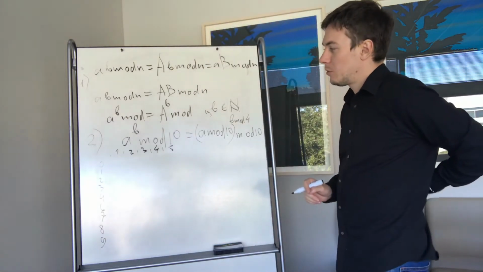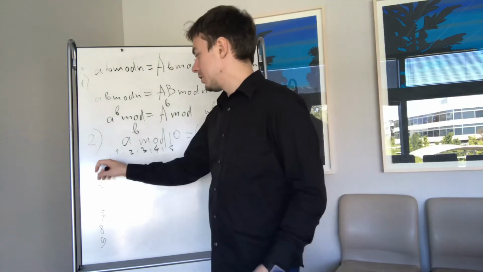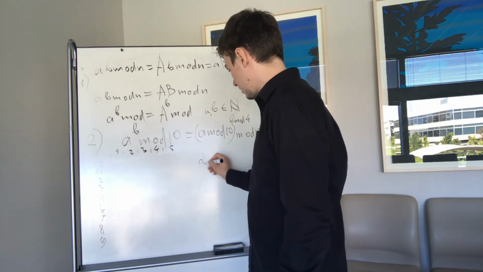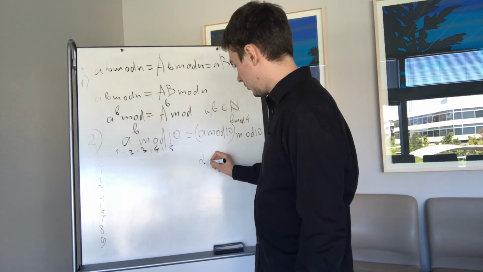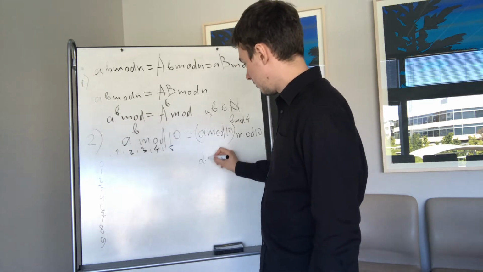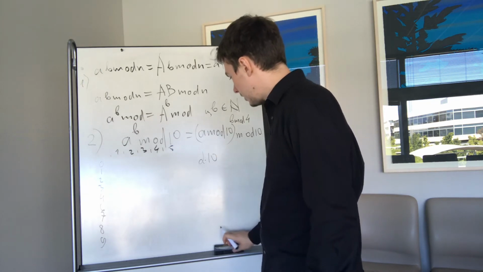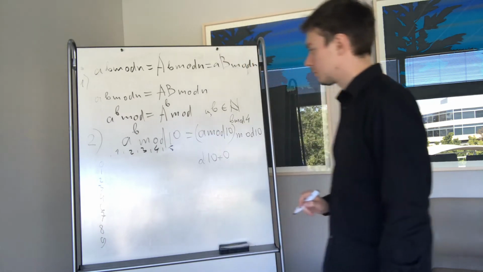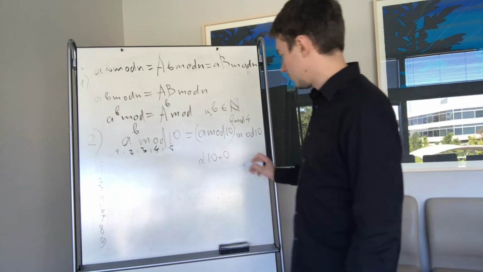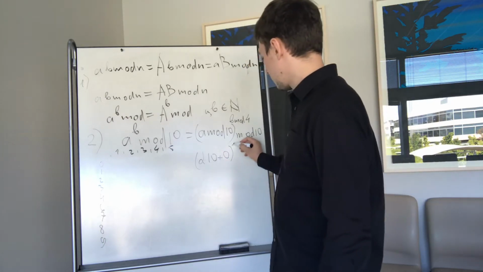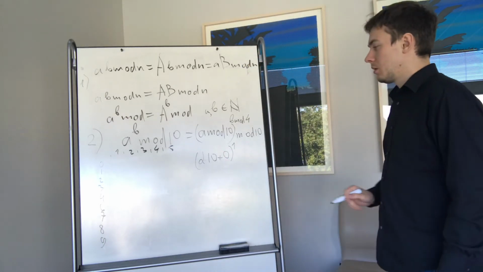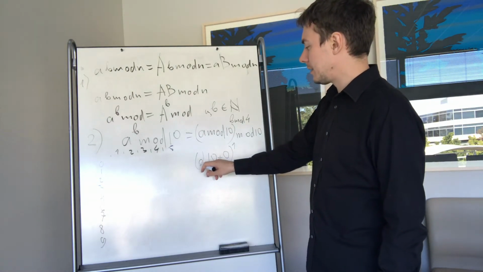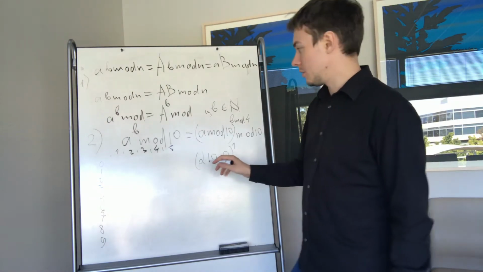Let's say we have a number whose last digit is 0. We can write it like this: alpha times 10 plus 0. Power 1 means that the last digit of this number is 0.